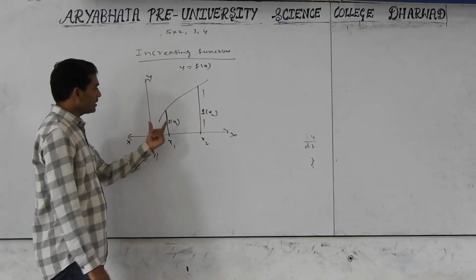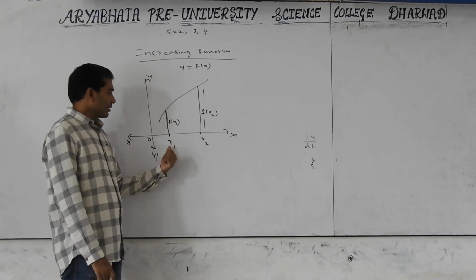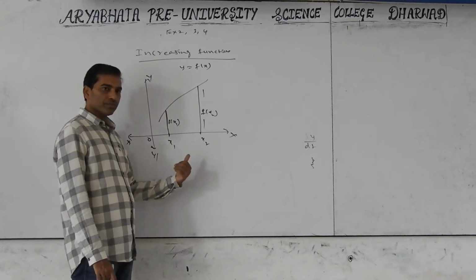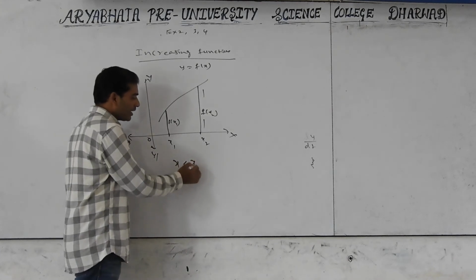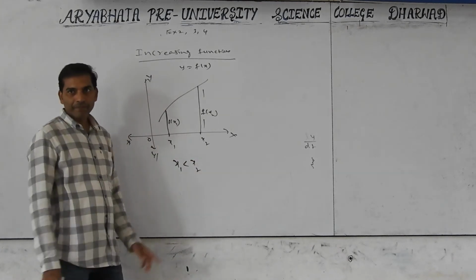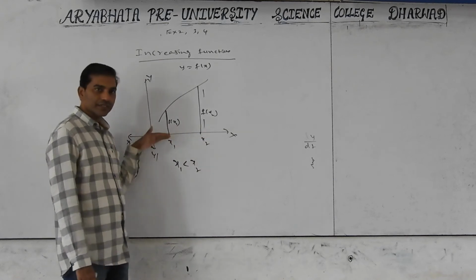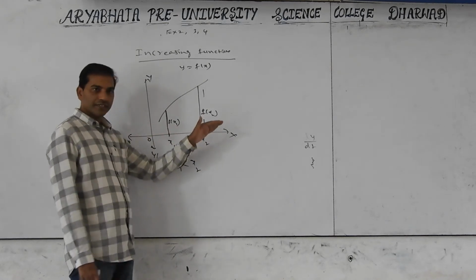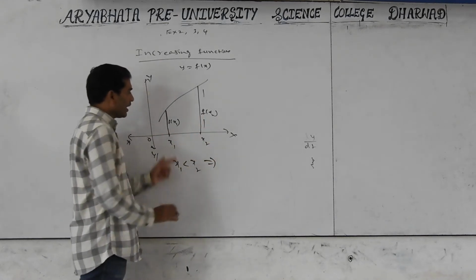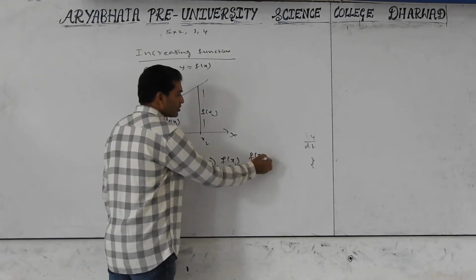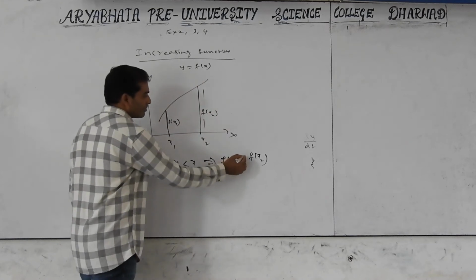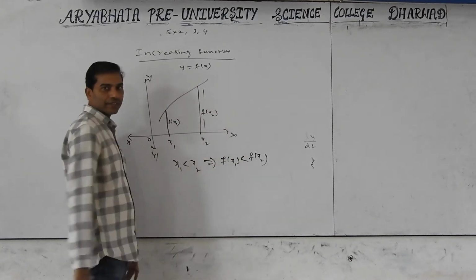Okay, you see this picture, x1 and x2. The relation between them is x1 less than x2. As x increases, what is the relation between f of x1 and f of x2? Less than. This is small and this is big.